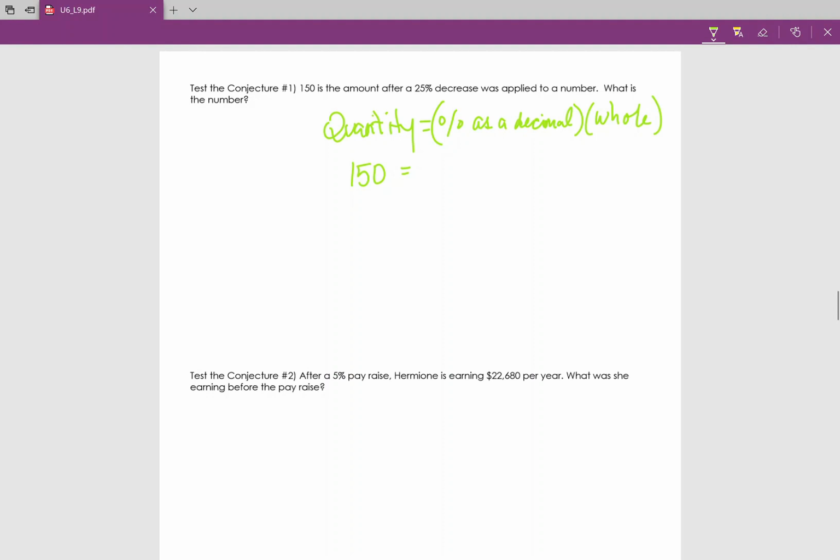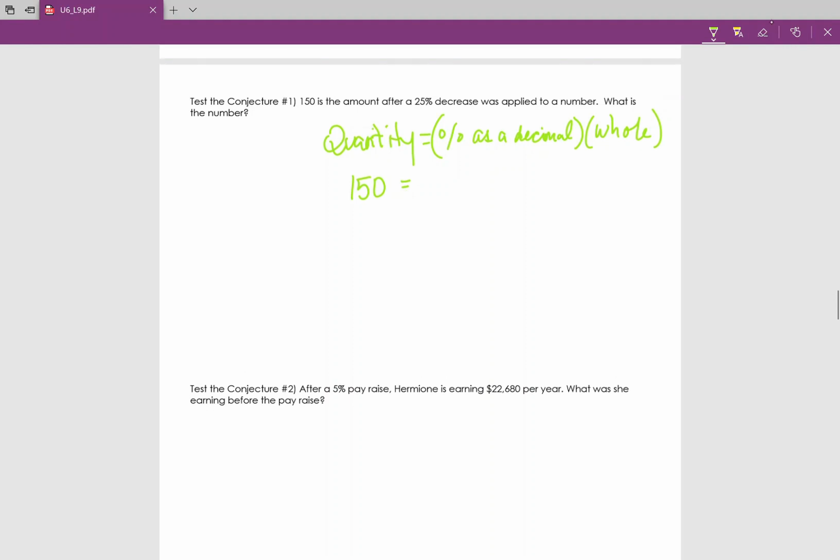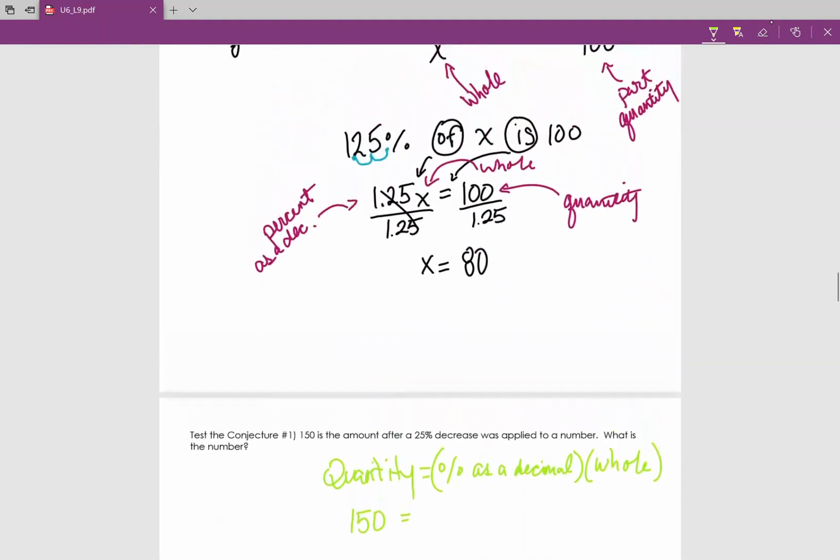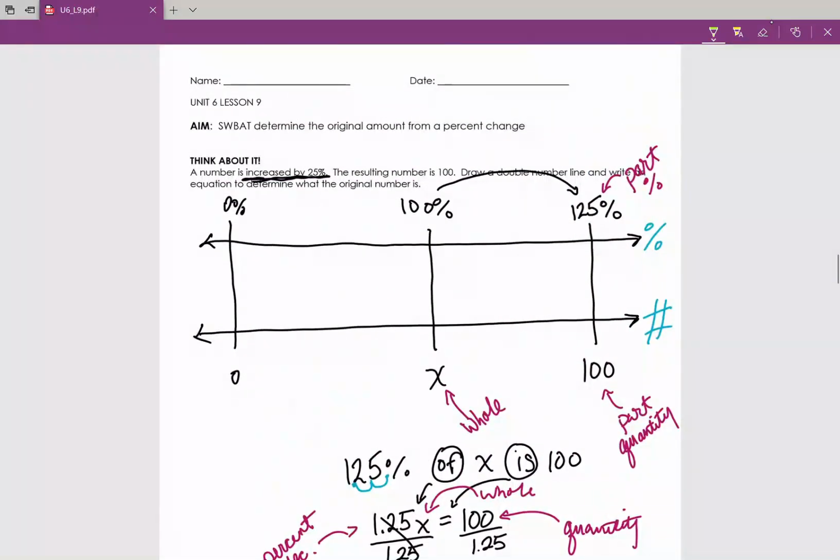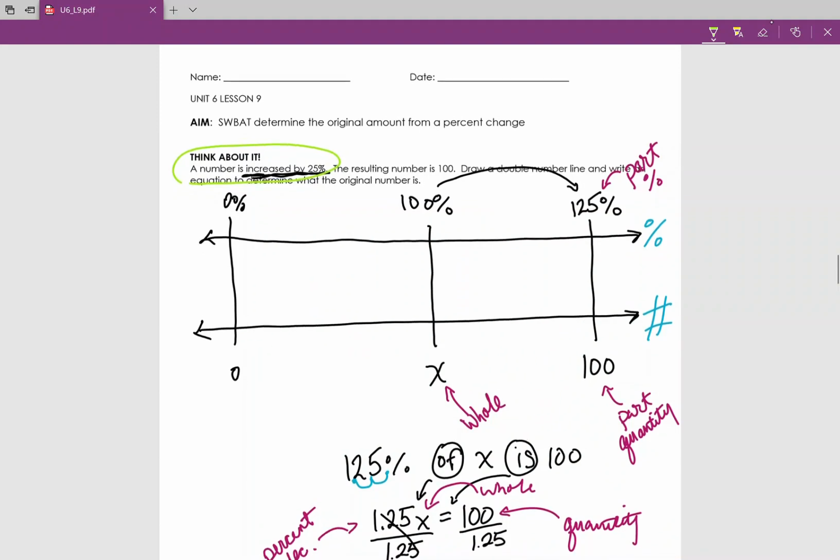What's the percent that they give us? They give us 25%. But just like in the think about it gave us 25%. If we scroll up here, we can look. It says a number is increased by 25%. What did we do with that 25%? We added it to 100% because it's an increase.